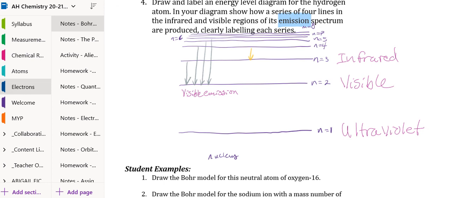What else? Fifth to third. Sixth to third. And what do those represent? Infrared emission. Very good.